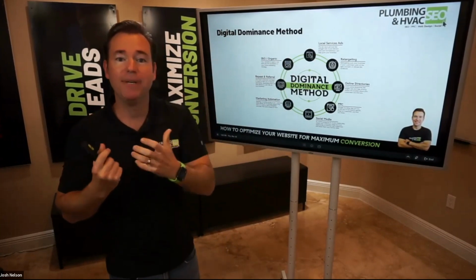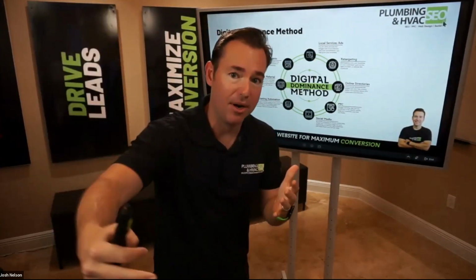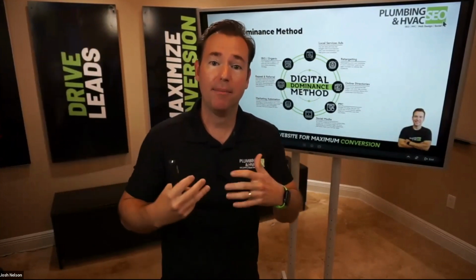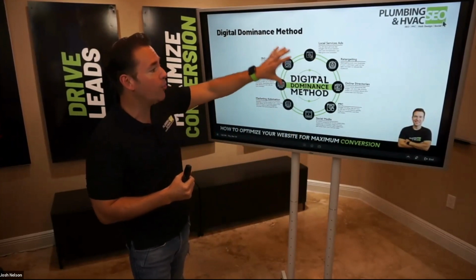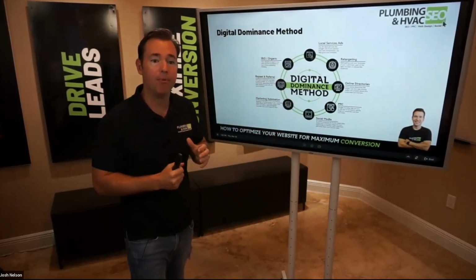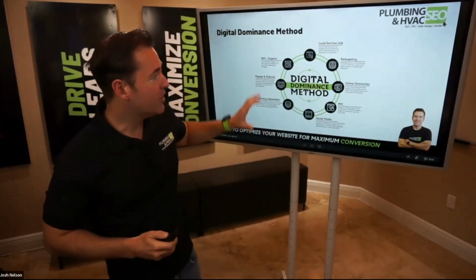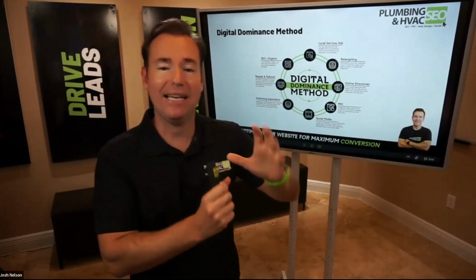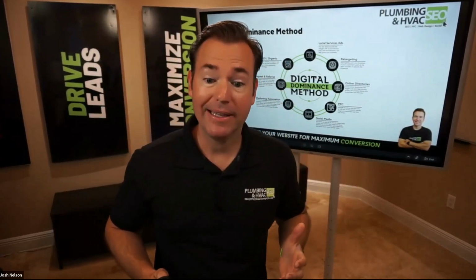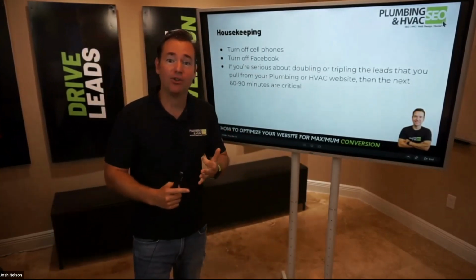Your website needs to be strong before you start spending a lot of money on SEO, before you start spending a lot of money on paid search, even before you start spending money on a lot of different areas. But as it is strong, there are so many different strategies that you can implement over time to turn up the lead flow and generate better results online. So this sits nicely here on the organic side of the equation, the predecessor to your entire lead generation strategy for your plumbing, HVAC, electrical business.